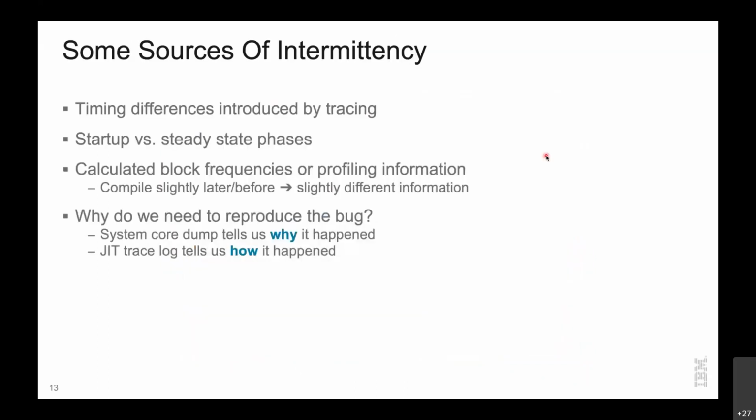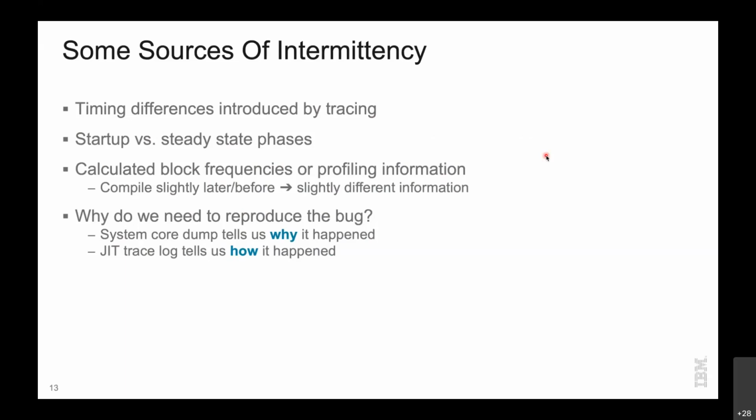Because of these timing differences, even such a simple thing as logging trace messages to a file can introduce enough change into the system to prevent us from being able to reproduce issues. Just to give you a few examples, a method compiled early during startup of the JVM can be very hard to trace because file IO can delay the method compilation just enough so that it pushes the method outside of the startup phase, and suddenly the compilation control logic will make a whole bunch of different decisions on how we should compile this particular method.